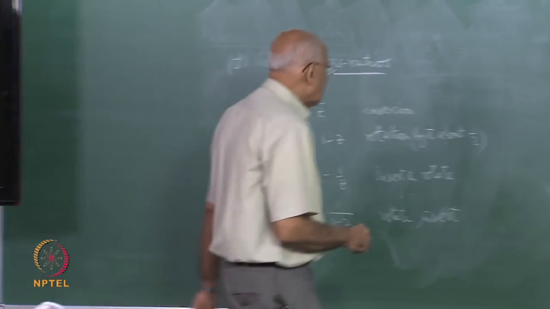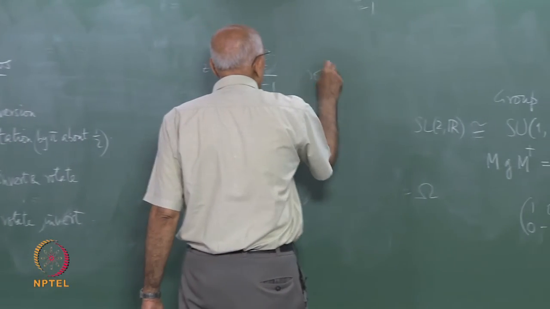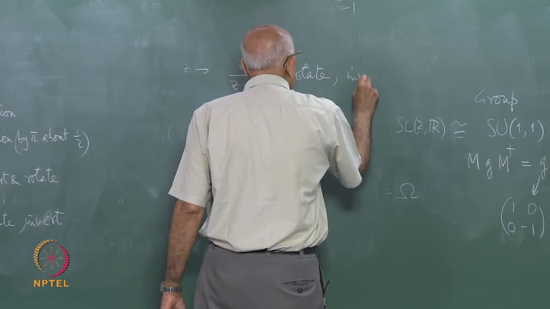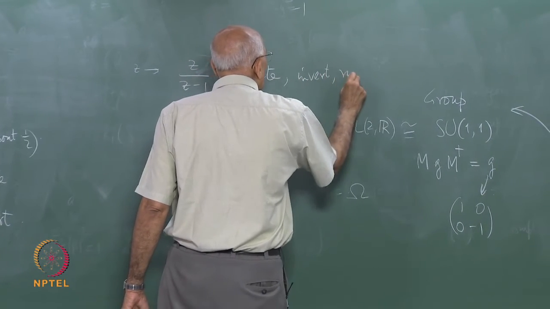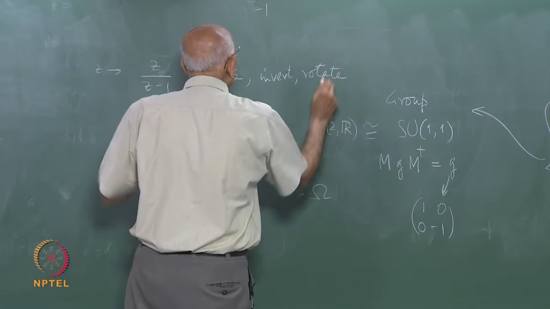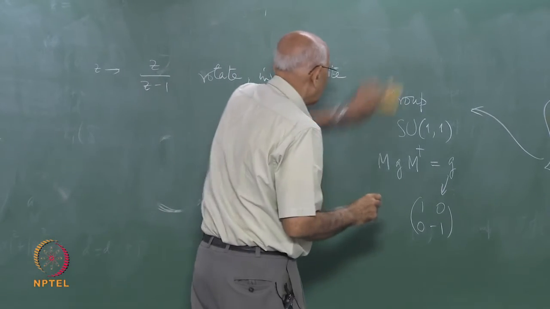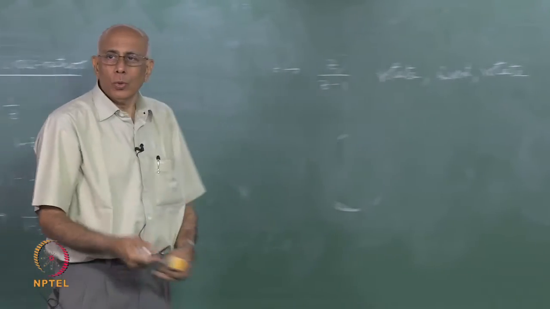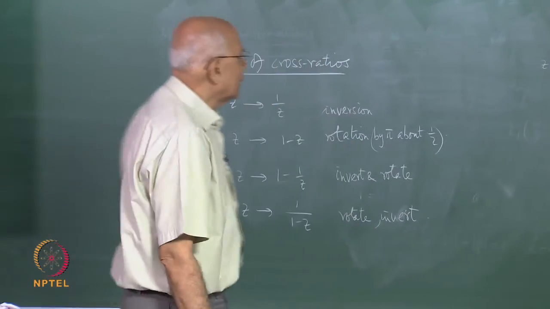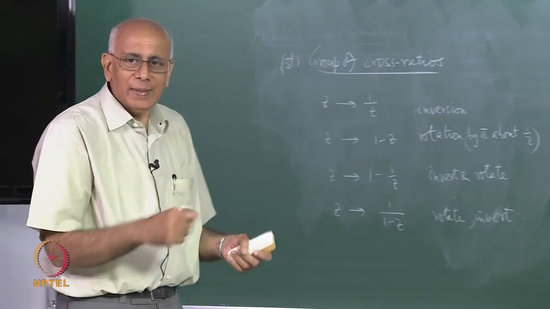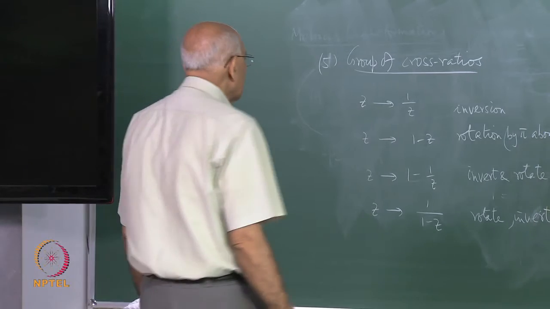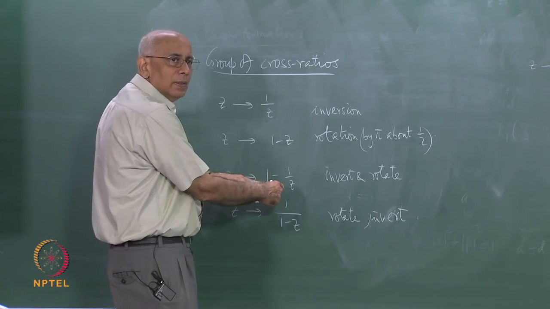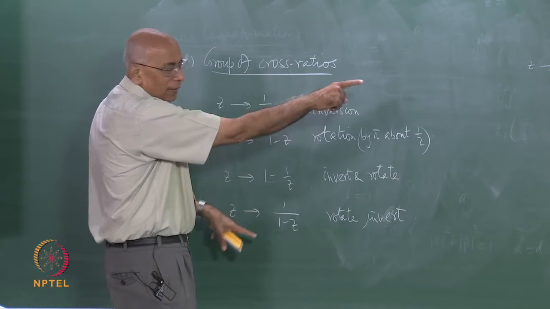Right. So this says rotate, invert, rotate. You could do the other way. You could invert, rotate, invert. Now what will that do? Well, if you invert you get this, you rotate you get this, and then you invert you get back to that guy.